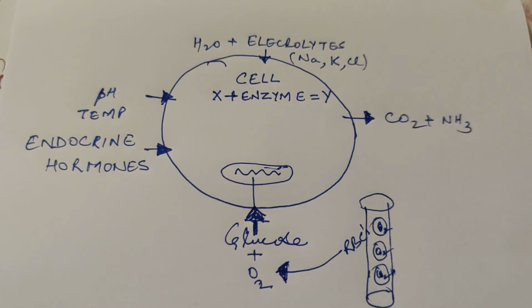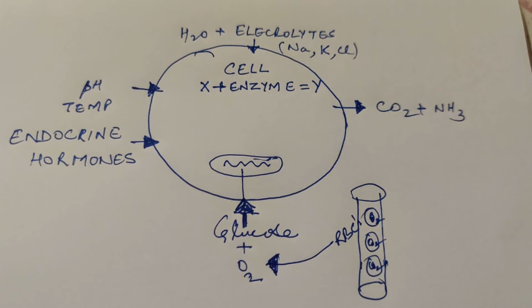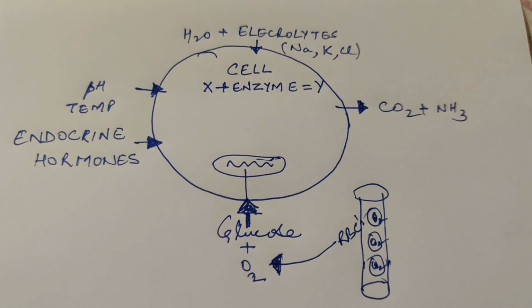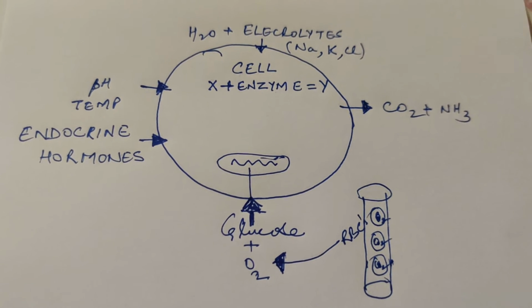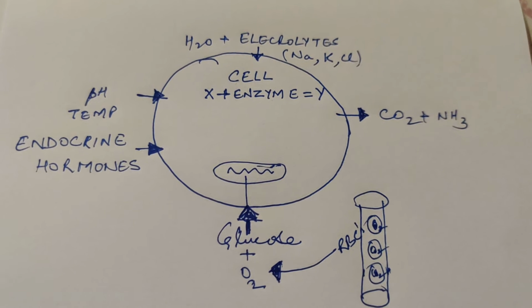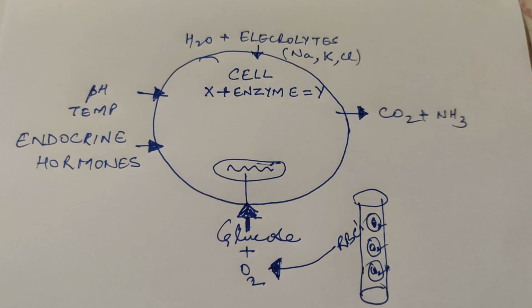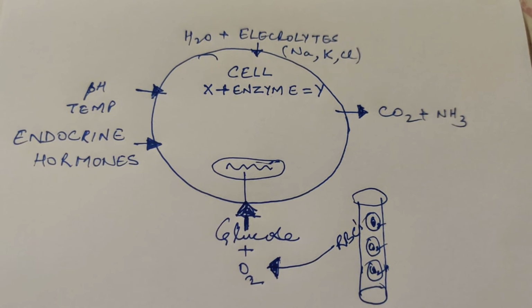Now next, if we see, there are some endocrine hormones as well which are very important, and the balance of these endocrine hormones is also required. Next, we require water and some kind of electrolyte balance as well. If water is more, the cell will be inflamed, it will blow.